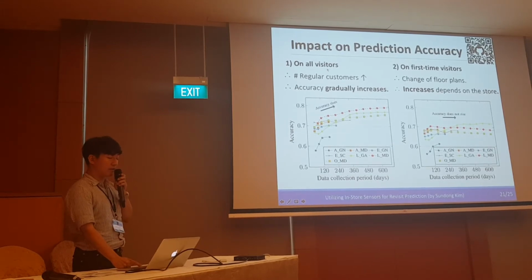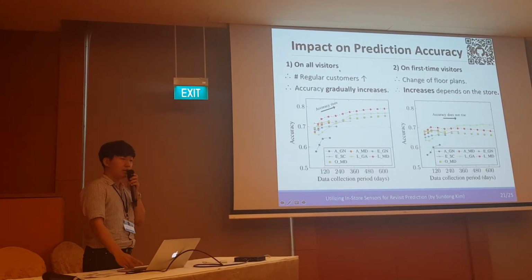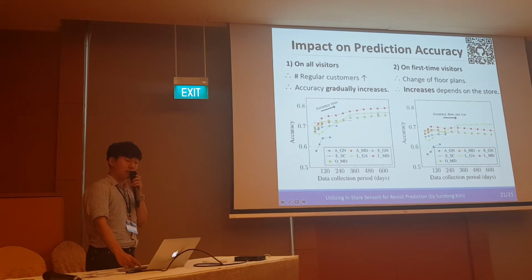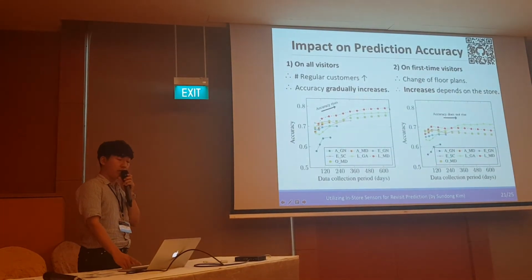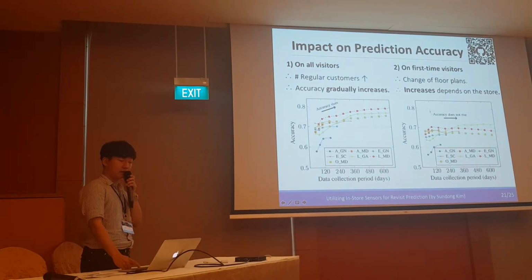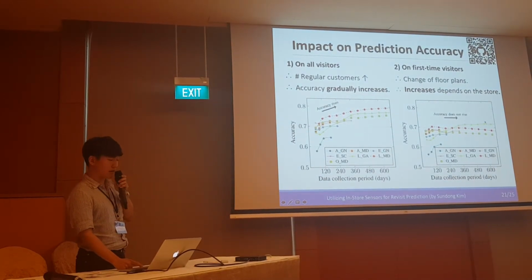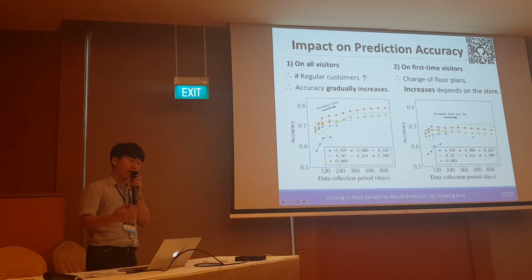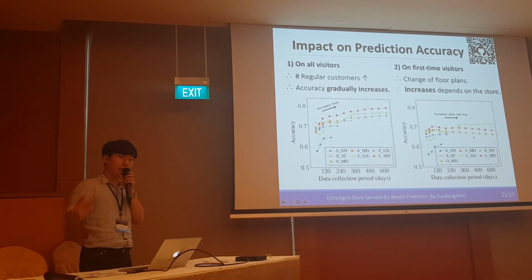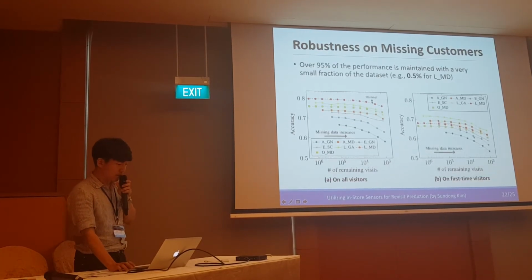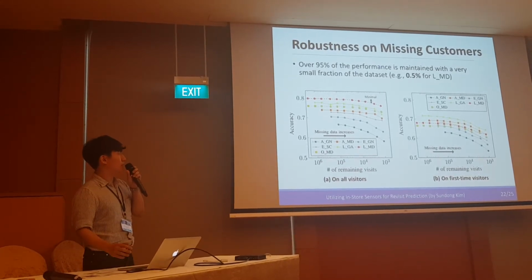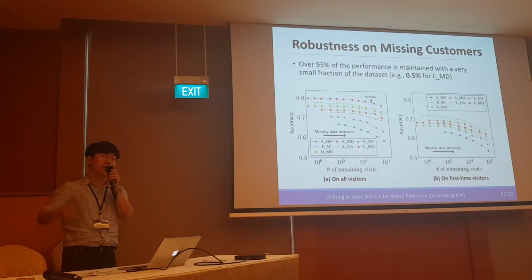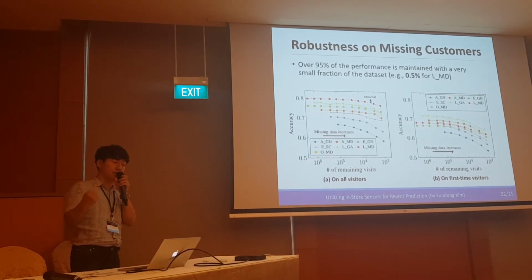For the all-visitors experiment, the accuracy gradually increases because the number of regular customers also increases. However, for first-time visitors, the accuracy varies depending on the store, because there might be some change of floor plans in certain offline stores. And lastly, there's robustness on missing customers. Some people might not turn on their Wi-Fi, and the accuracy decreases as well.